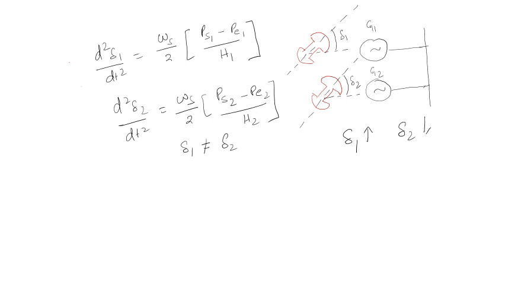Now if there is a different change, I can write a subtraction. Different change means there are dissimilarities. So on subtracting these two terms, I can write d square by dt square of (delta 1 minus delta 2). So this is the change actually.